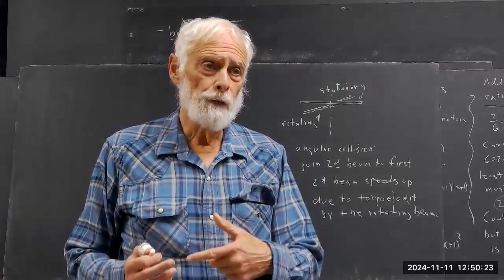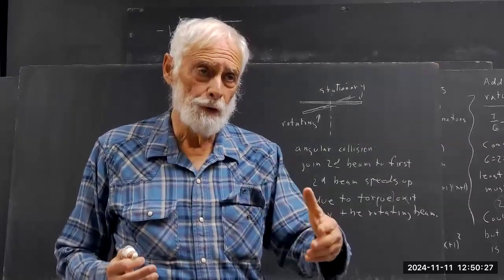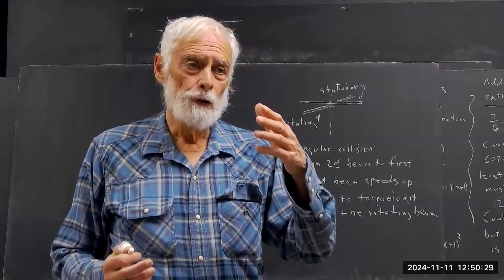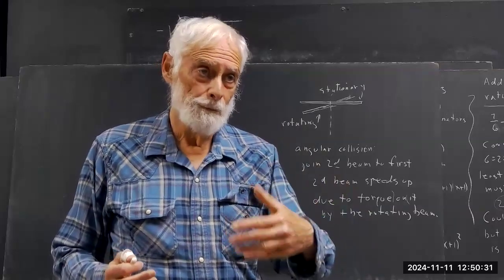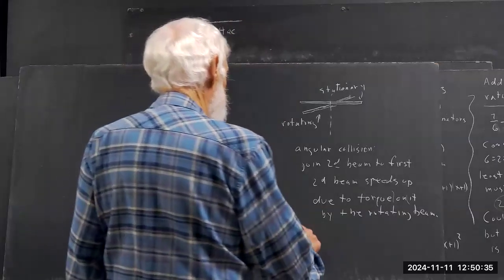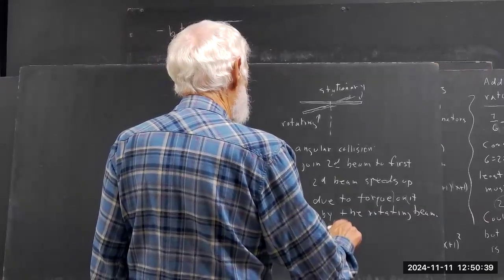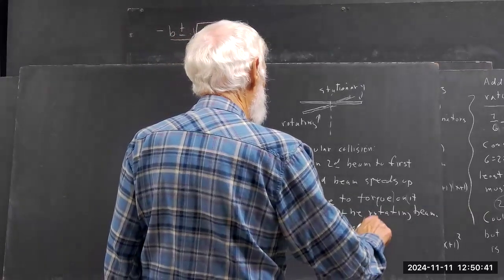The force exerted at every point by the rotating beam on the first is equal and opposite to the force exerted by the first on the second. Okay? Forces are all equal and opposite.